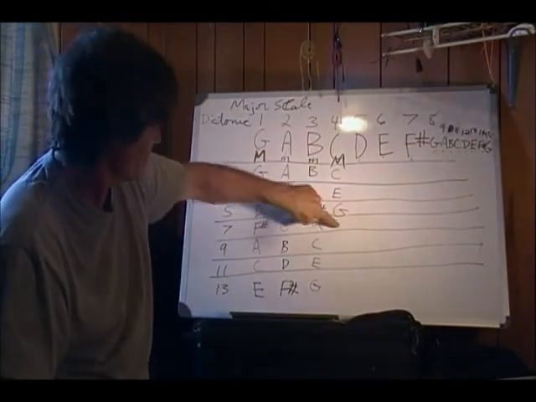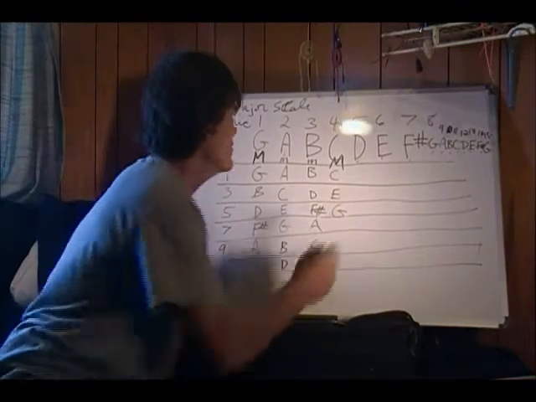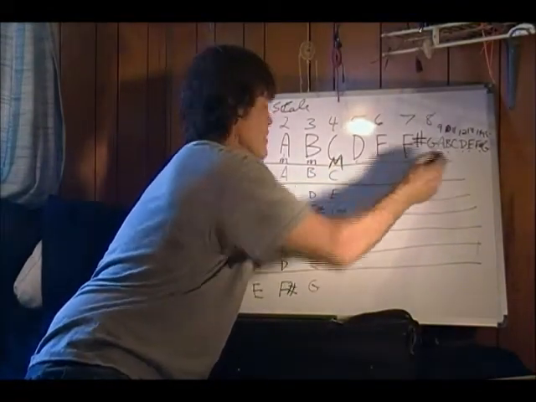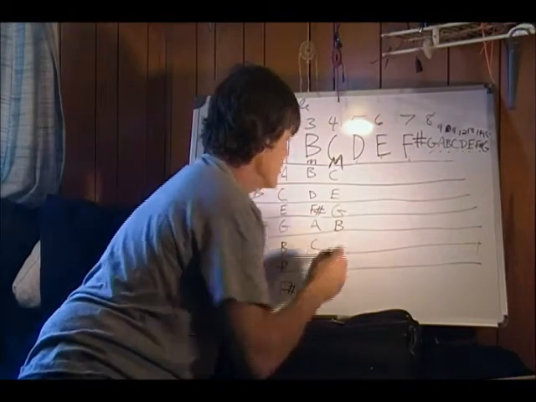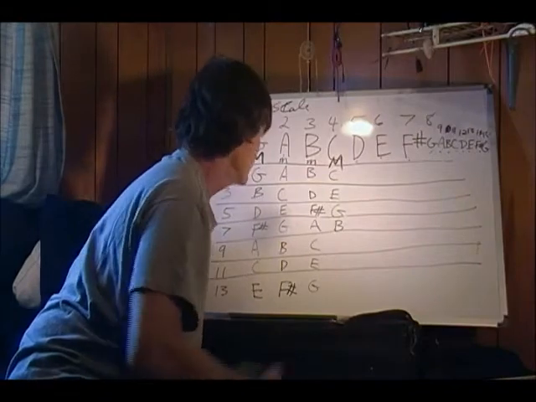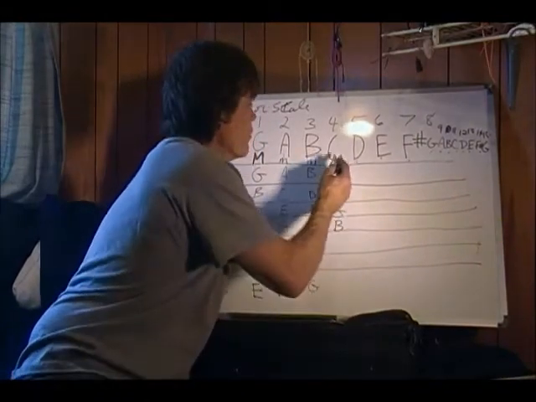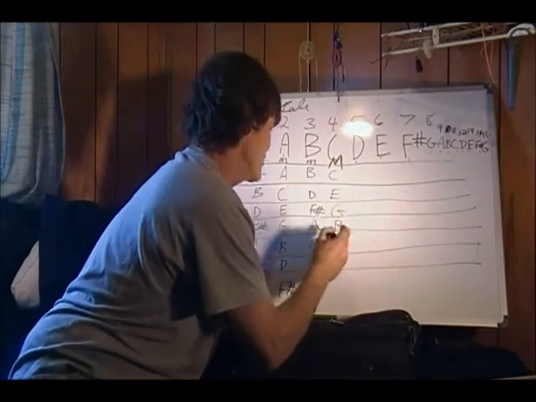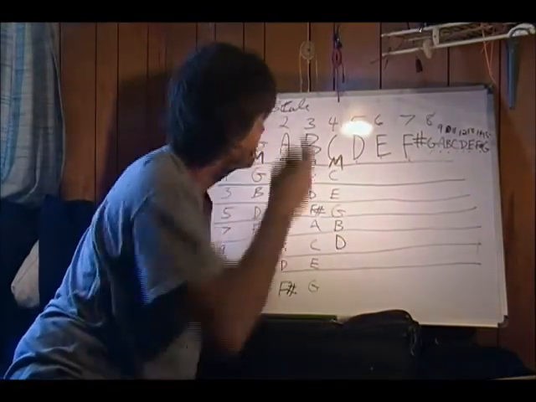C major 7. 1, 2, 3, 4, 5, 6, 7. That's a B. So if I play these 3 notes with the B, it's a C major 7. Let's go to C major 9. 1, 2, 3, 4, 5, 6, 7, 8, 9. D. Okay?